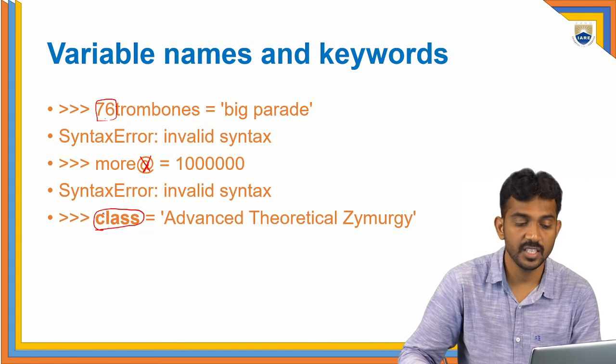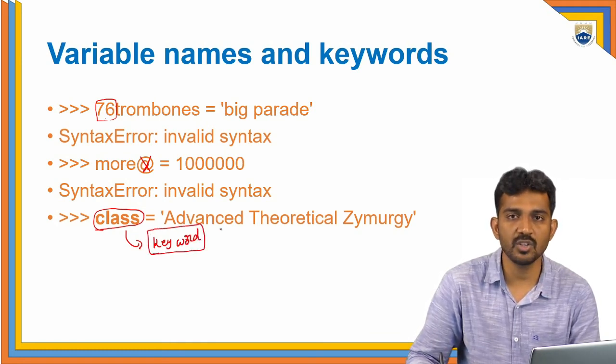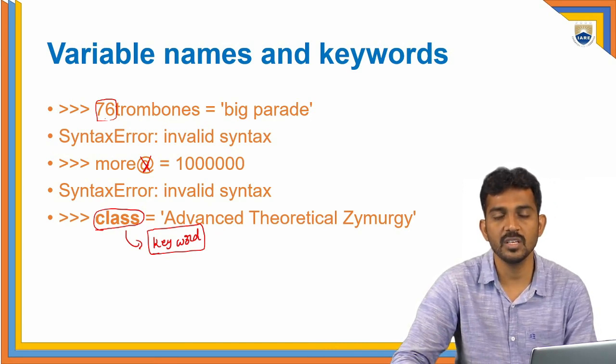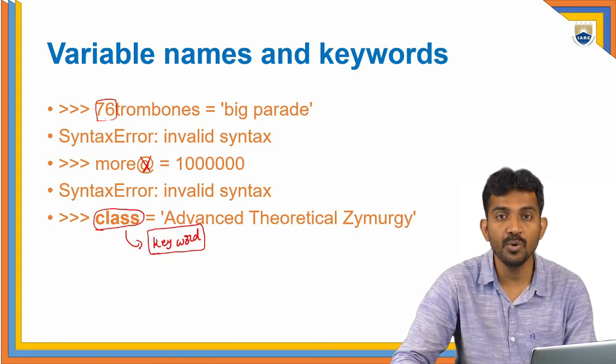But see, class is a keyword. So what is a keyword? What is the purpose of a keyword? Keywords are also called reserved words. These words are used by the developers for the implementation of the Python IDE or Python software, right? So you don't have a provision to use those kinds of keywords.